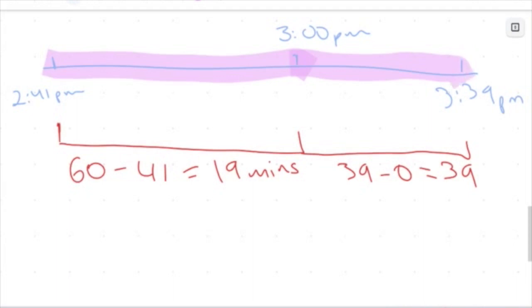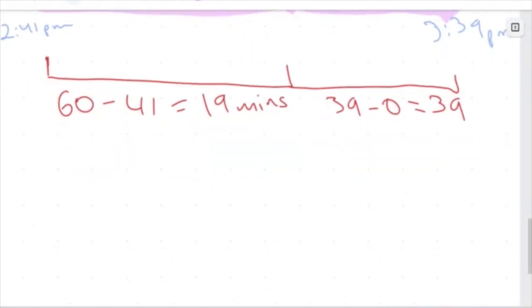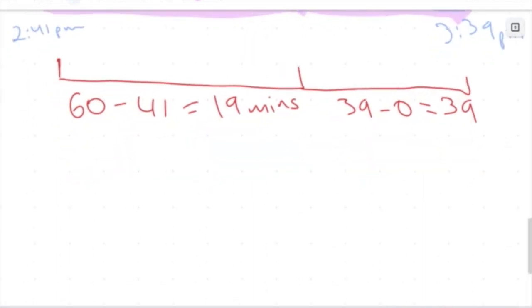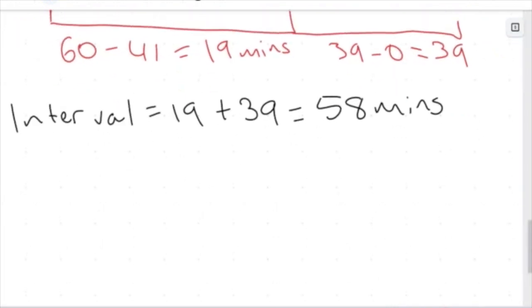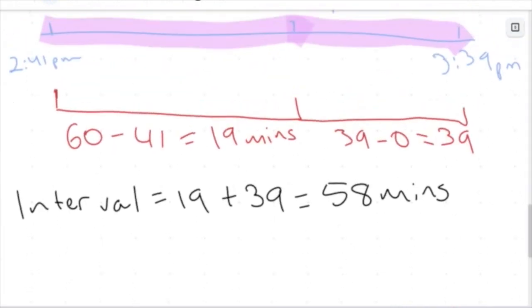And that gives us the total time interval here. So my time interval equals 19 plus 39, and that gives me 58 minutes here. Adding 19 and 39 gives me 58.